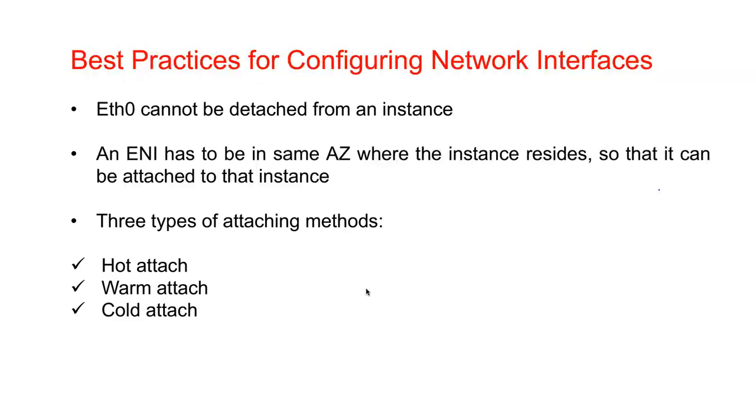Cold attach means that the network interface, the default one, ETH0, gets automatically associated to the instance during its creation or launching process. So whenever you launch an instance, the default network interface gets associated automatically. That's called the cold attach.